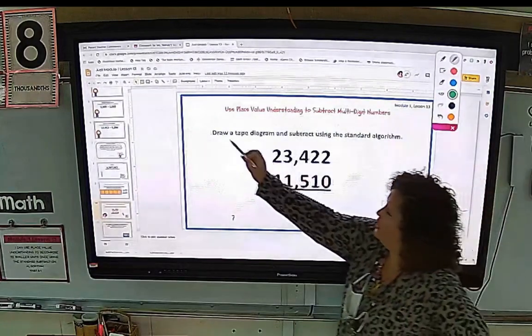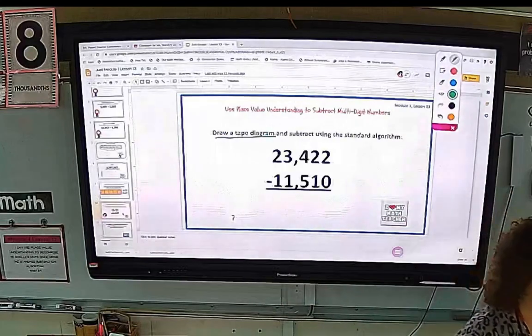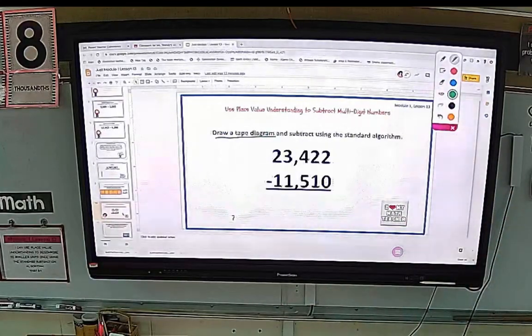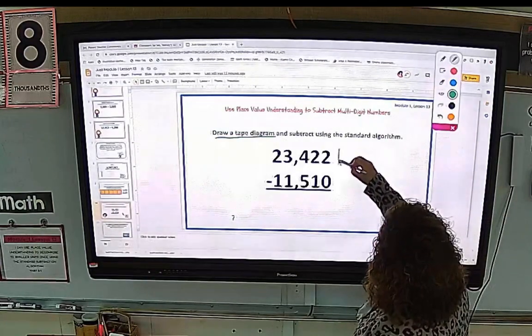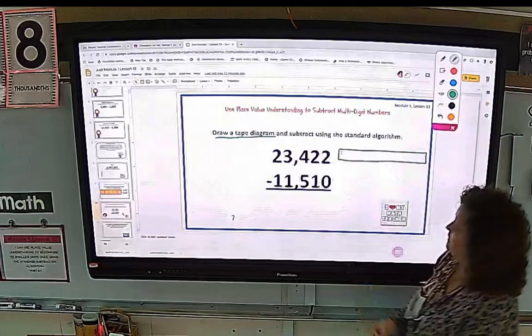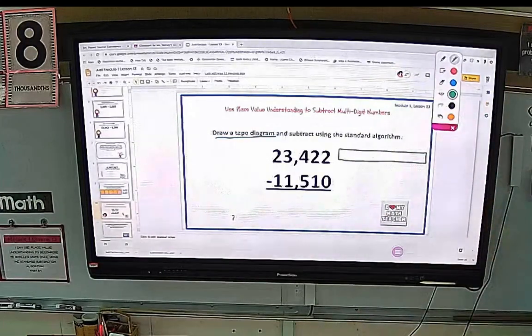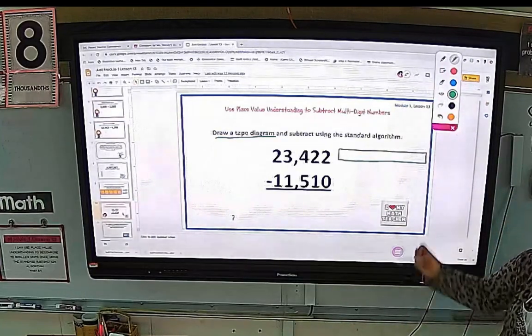This says to draw a tape diagram. Raise your hand if you've ever seen a tape diagram before. Just a few. That's what I thought. A tape diagram looks like a rectangle, a long, skinny rectangle. And it usually gets cut into pieces somehow. The thing is, with a tape diagram, you can make it work with just about any problem that you do.